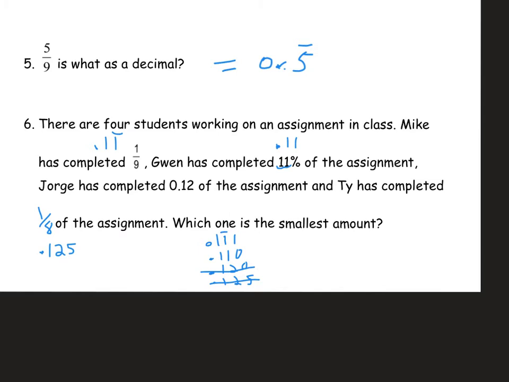So if I look at Gwen and Mike, I can only compare this third place value, and I can see that Gwen has completed less than Mike has. So Gwen would be the answer. Don't confuse that. It looks like Mike has completed less, but that's a repeating value.